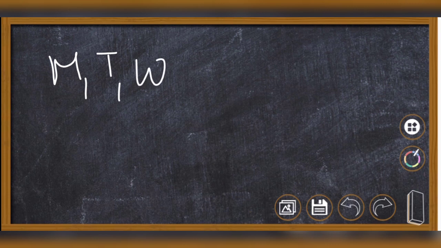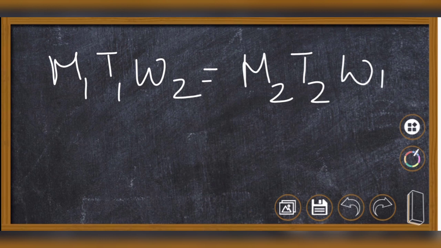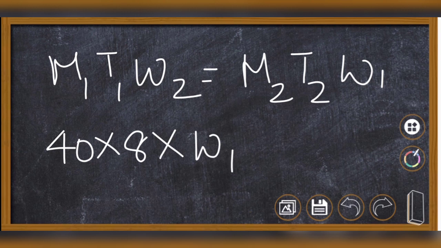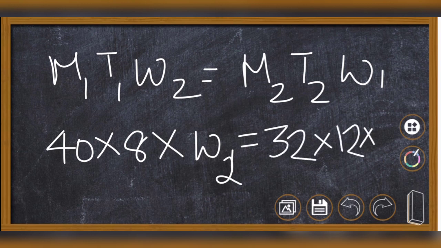So m1 t1 w2 is equal to m2 into t2 into w1. So we will substitute 40 into 8 into w2 is equal to 32 into 12 into w1, that is equal to 60.